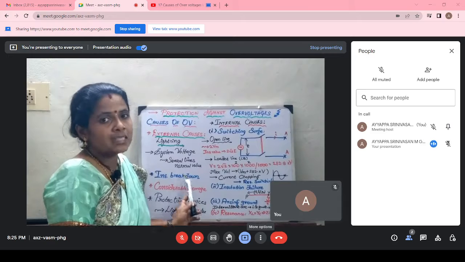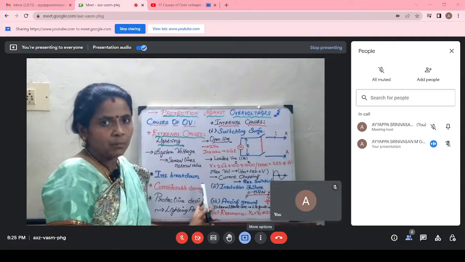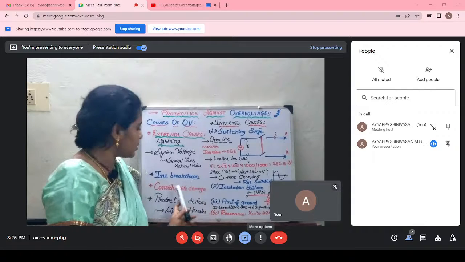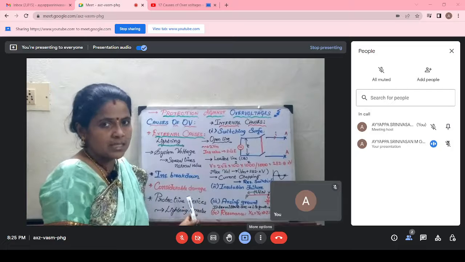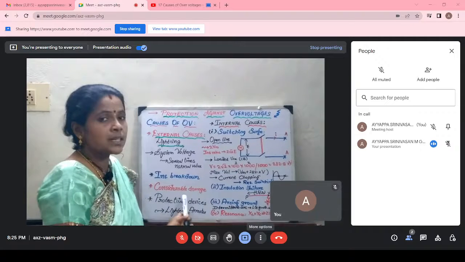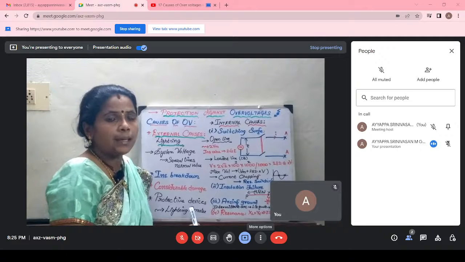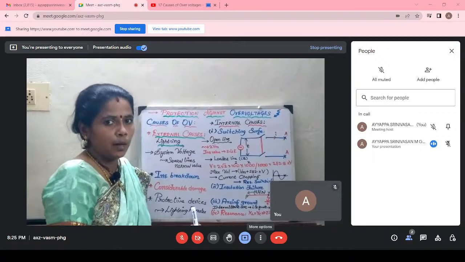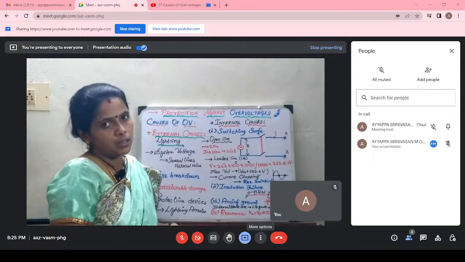If this overvoltage persists for a period of time, it will cause considerable damage to the equipment. So it becomes an utmost necessity that protection against lightning should be provided using lightning arresters and other devices. Now we will move on to internal causes.